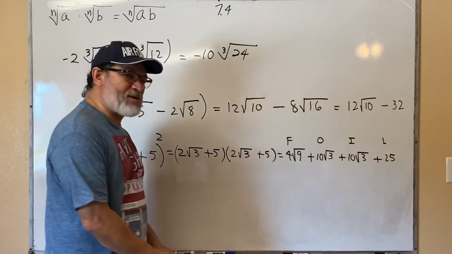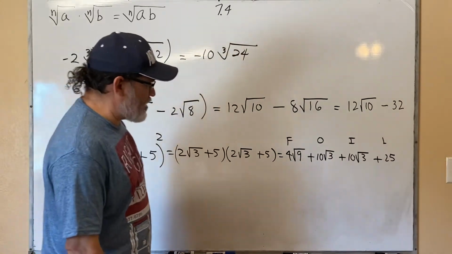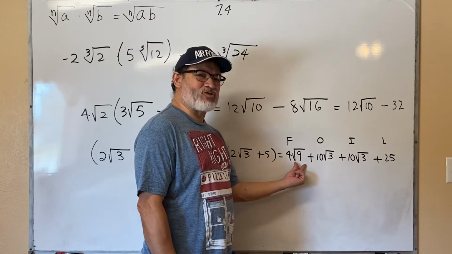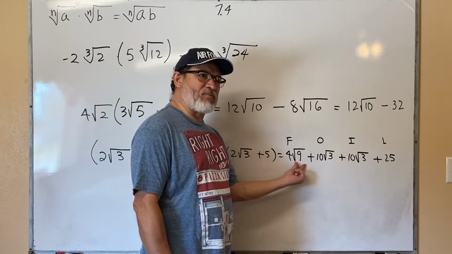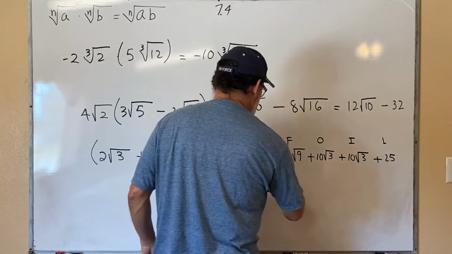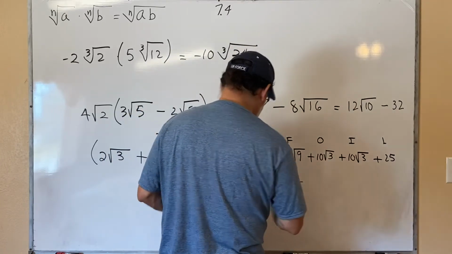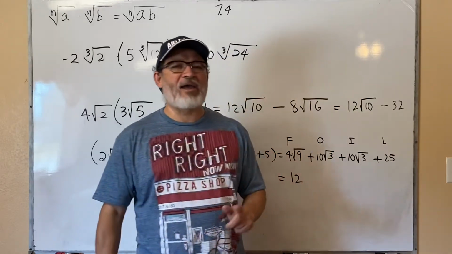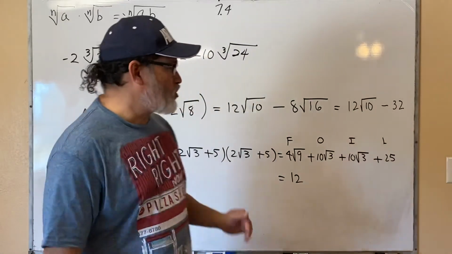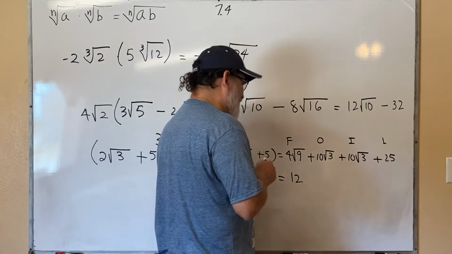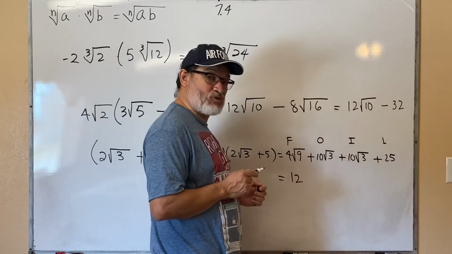And now I'm going to simplify. The square root of 9 is 3, and that gets multiplied times 4. So therefore, 3 times 4 is 12. Those two are like radicals, so we can add them. What's 10 the square root of 3 plus 10 the square root of 3?